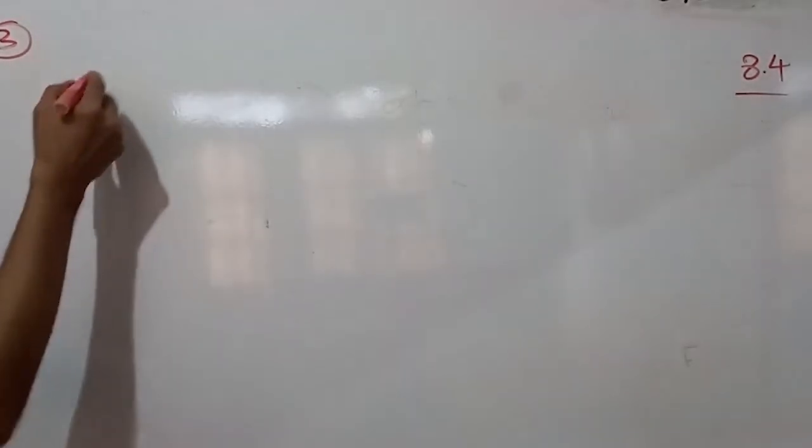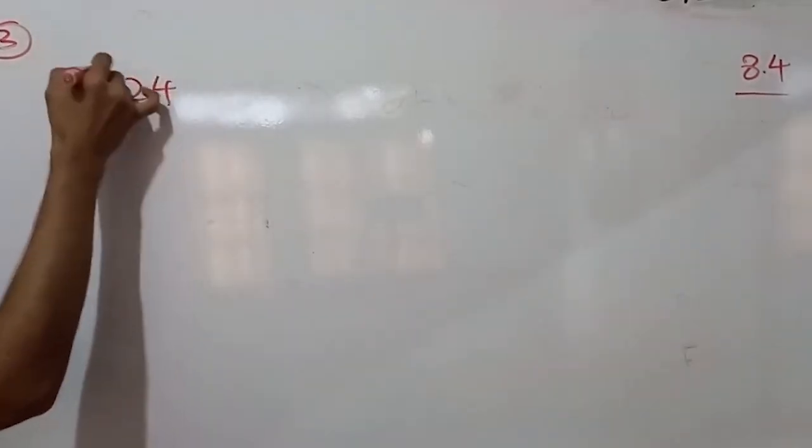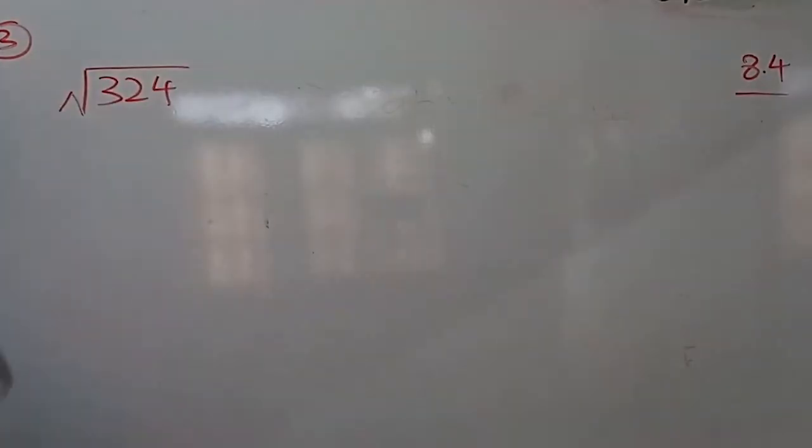Right. Exercise 8.4, question number 3. The value of the square root of 324 is a whole number between 15 and 20. Find the square root of 324 by observing the last digit. So we have to calculate the square root of 324 by using the observation method. Right?